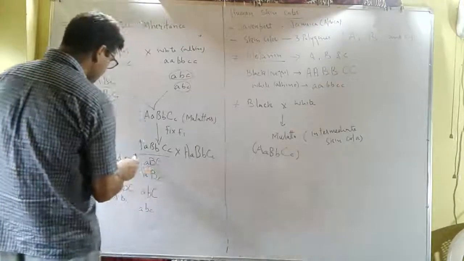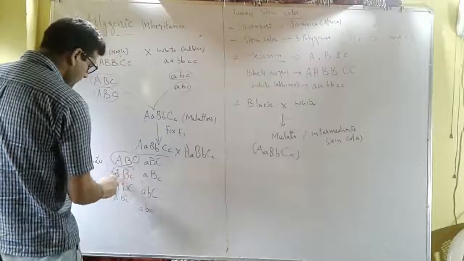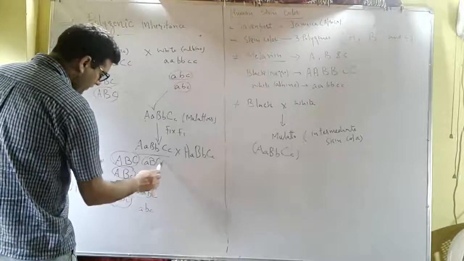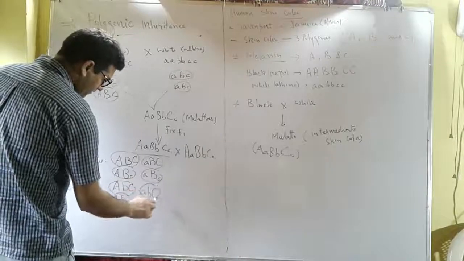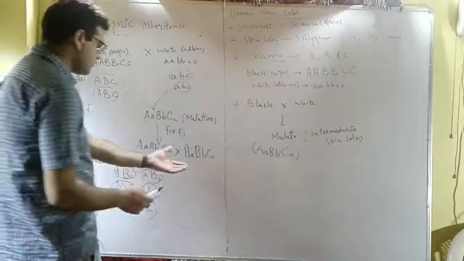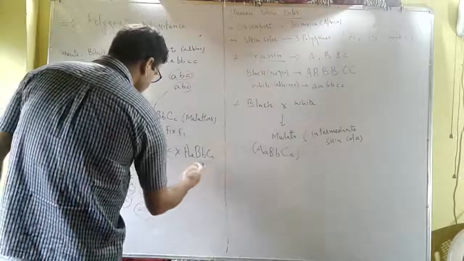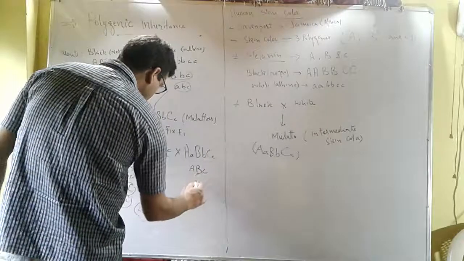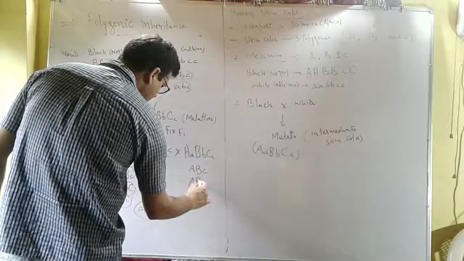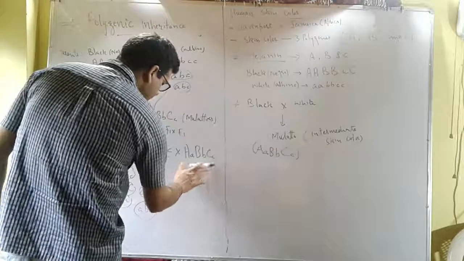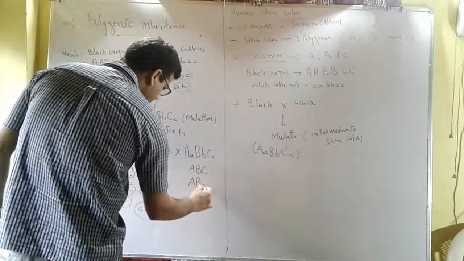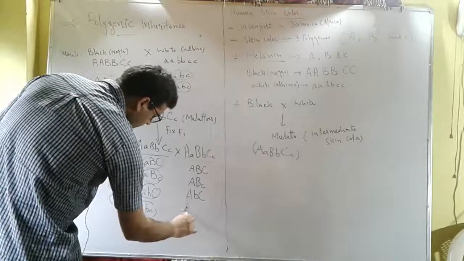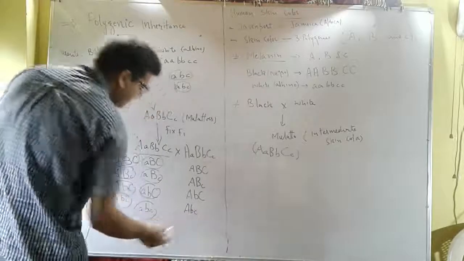Same is the case here. We have 8 gametes here. A, B and capital C, A, B and small c, A, small b and capital C, A, small b and small c.